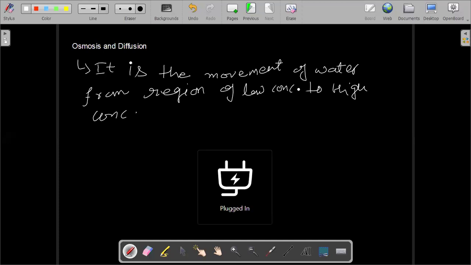Okay, anyone else having any doubt? So in case of osmosis, it is the movement of water molecules from a region of low concentration to a region of high concentration.